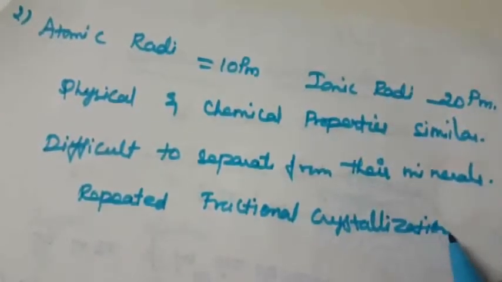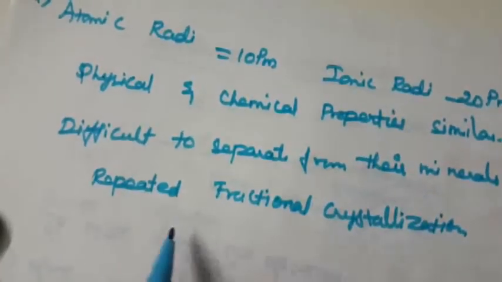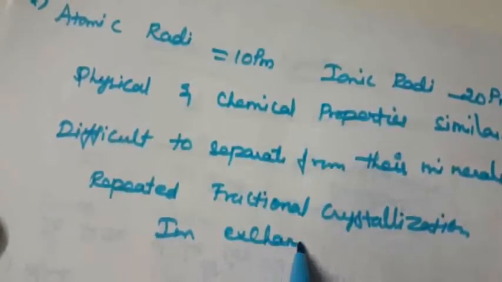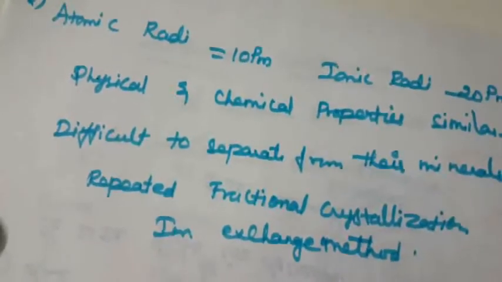This is the method we can use to separate these elements. Again, there is the ion exchange method.